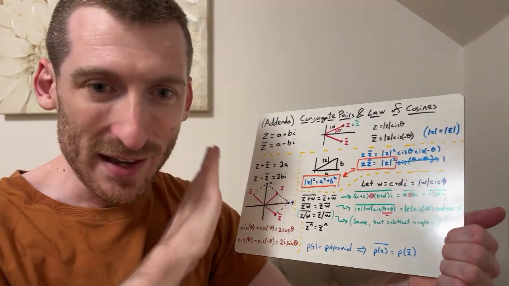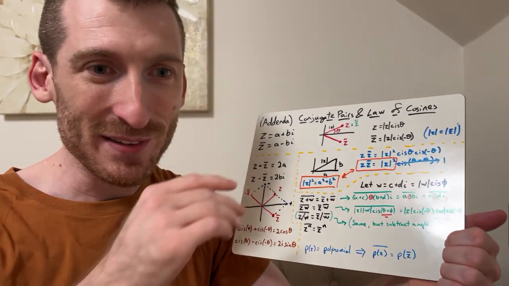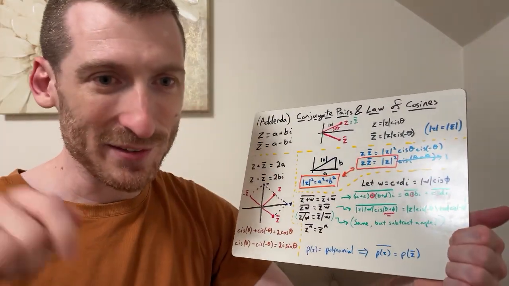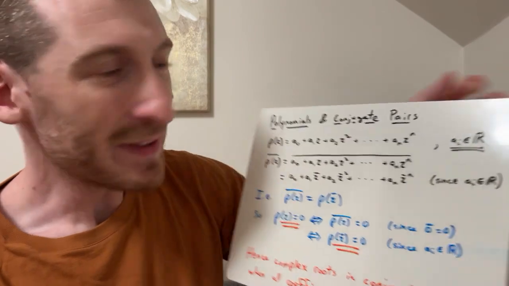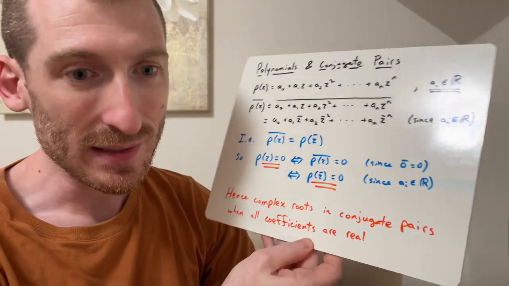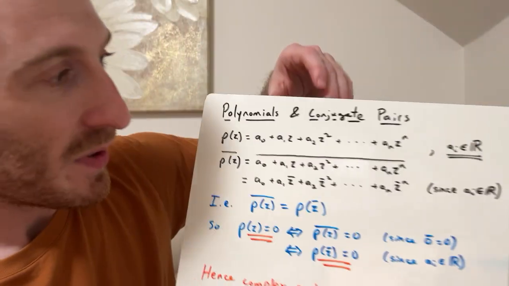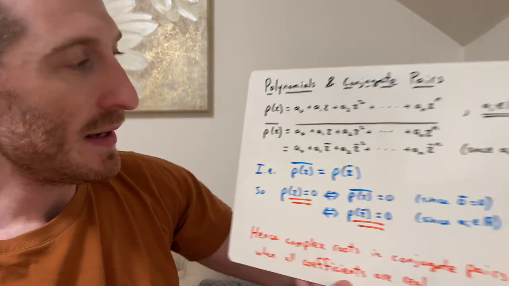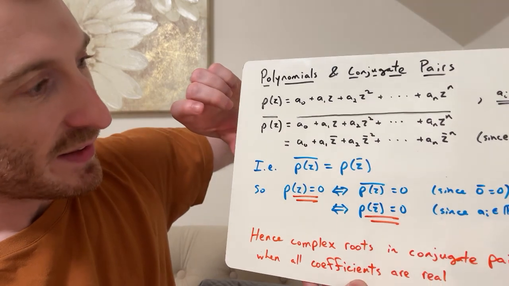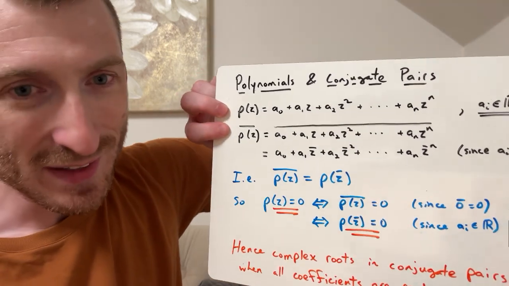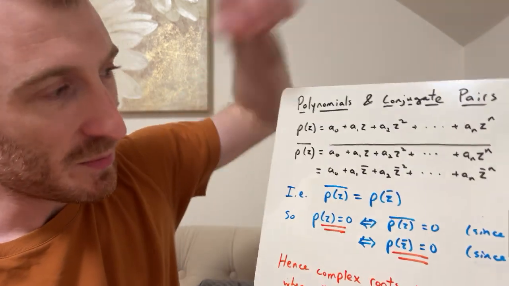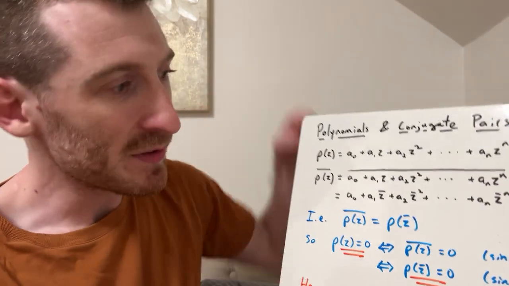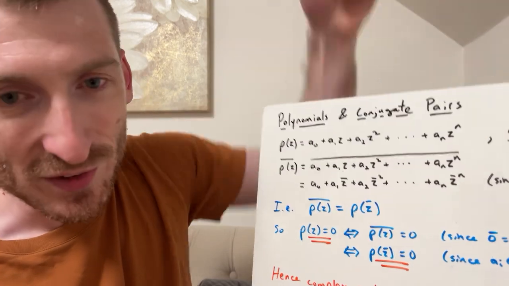If you have an expression and you want to take the conjugate of the whole thing, you can generally just take the conjugate of everything in the expression. Now, one consequence of this that you may have seen in an algebra class is, if you have a polynomial and all the coefficients are real, then if we take the complex conjugate of the entire polynomial, that just means all the things with a z in them instead of an x, because complex numbers, all the z's just get barred.